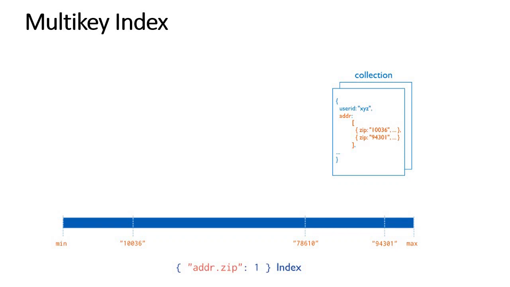If you index a field that holds an array value, then MongoDB creates a separate index entry for every element of the array. These multi-key indexes allow queries to select documents that contain arrays by matching on an element or elements of the same array.